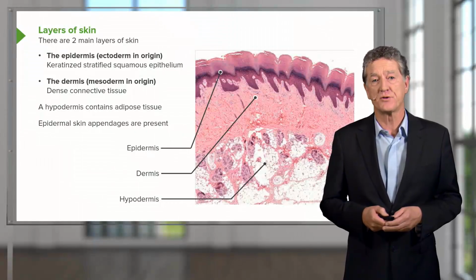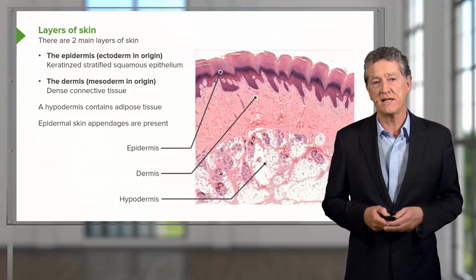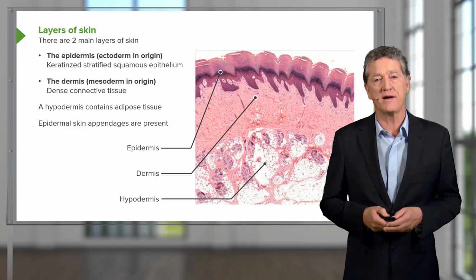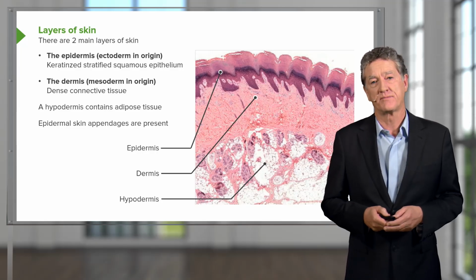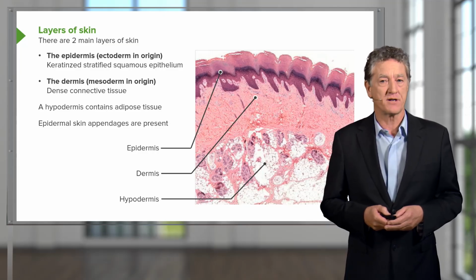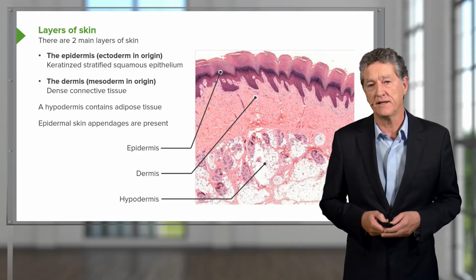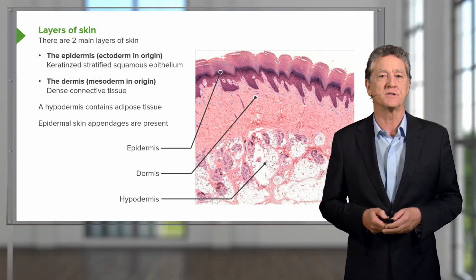These are sections through sweat glands, one of the skin appendages I'll talk about later on. They're all derived from the epidermis. And during development, they grow down and become very specialised in areas of the dermis, and as you see here, in areas of the hypodermis.